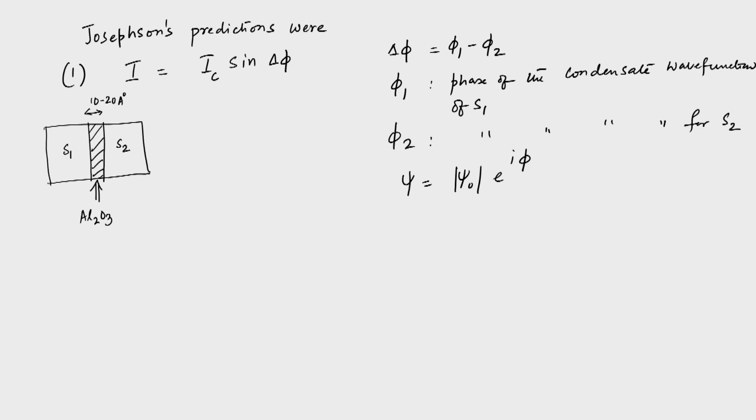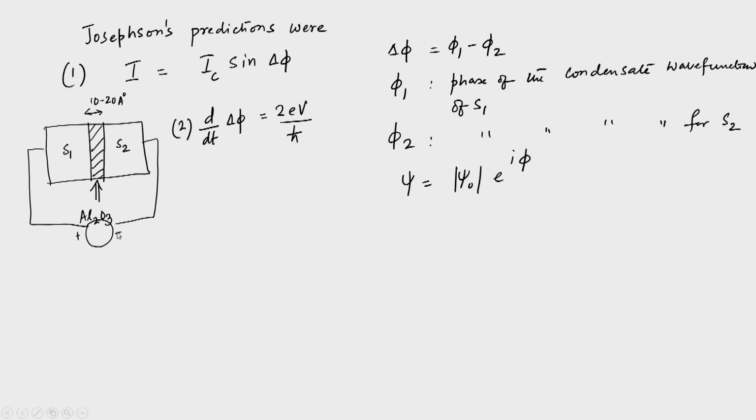So, there is a relationship between the current and the difference in phase of these condensate wave functions for superconductor 1 and superconductor 2. Alright. So, this is equation number 1, and there is equation number 2, which talks about the time derivative of the phase. This is equal to 2 eV over h cross, where V is the voltage that drives the junction, and it could be a DC voltage or an AC voltage. So, we simply leave it at that. So, there is a plus and a minus.